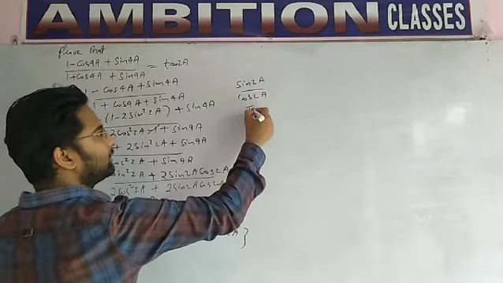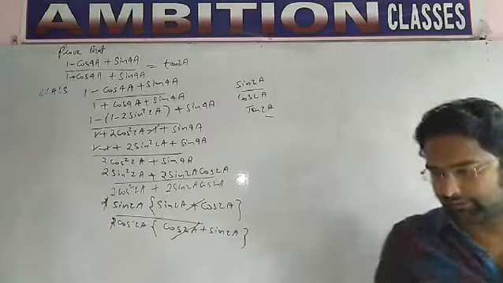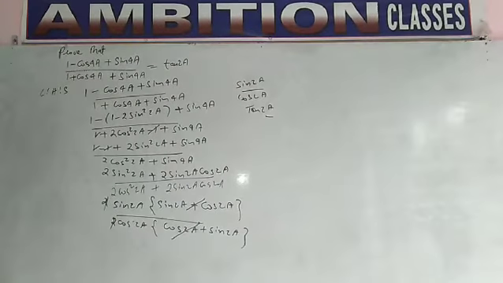So it will be tan 2a. So this is how we have to solve this type of questions. Please take it as a screenshot. Clear students? Now let's move on to next questions.